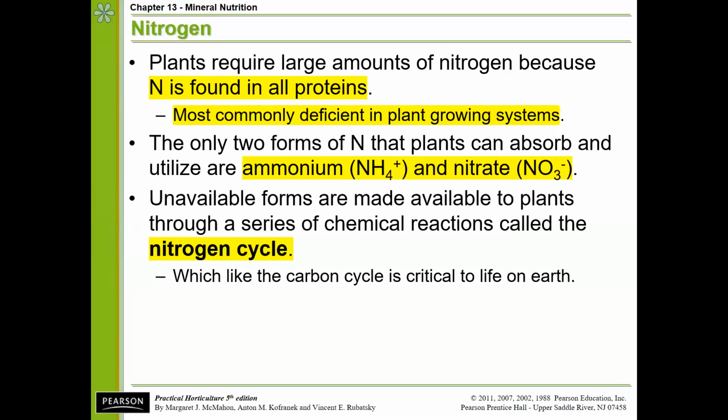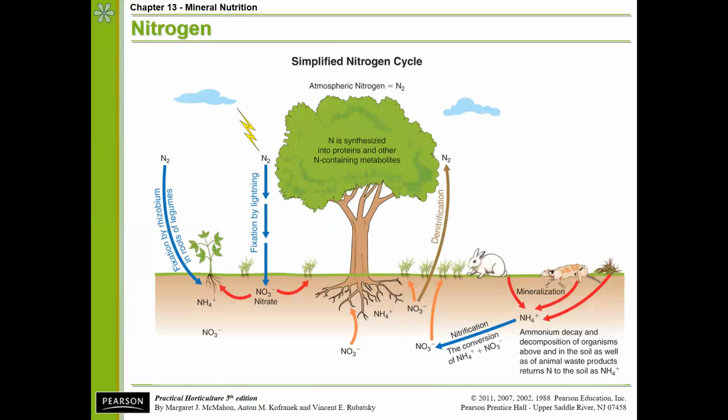So unavailable forms exist, like nitrite, for instance, in the soil, and they are made available to plants through the nitrogen cycle, which is similar to the carbon cycle, critical to life on Earth. It is basically a series of chemical reactions occurring in the atmosphere and in the soil, as well as within plants and animals, in ecosystems.